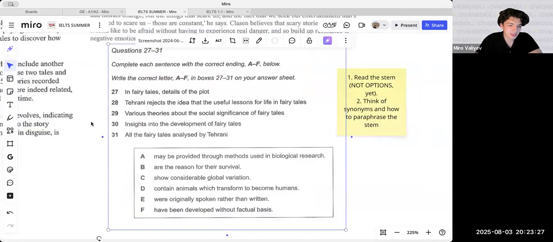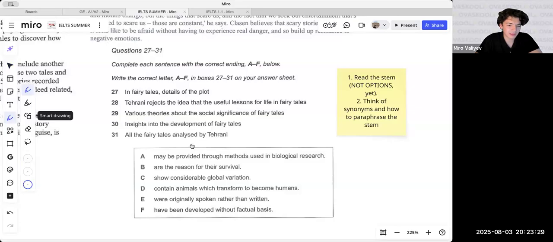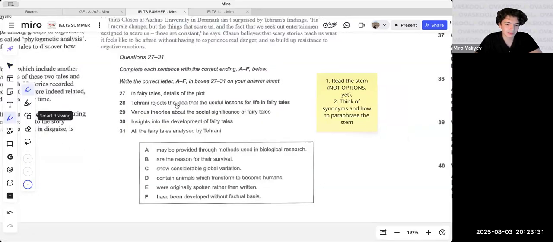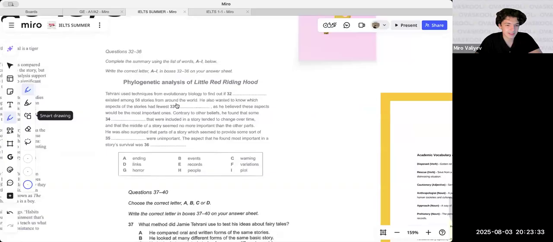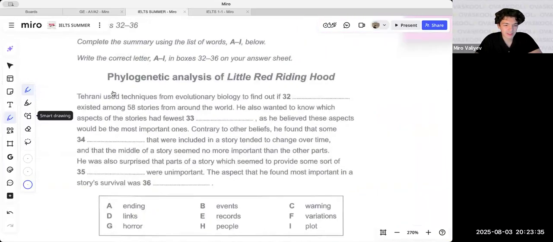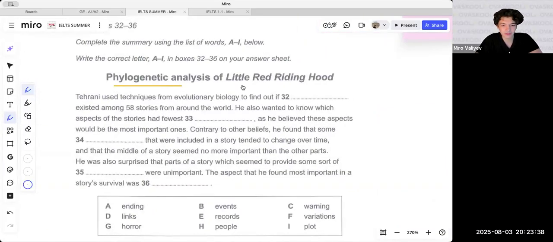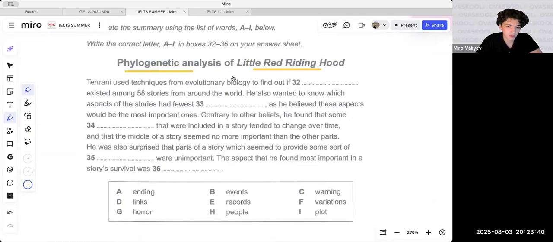Okay. Since it's complicated to locate, let's locate at least this one. We have this phylogenetic analysis of Little Red Riding Hood. Phylogenetic analysis is a very specific term. It's hard to paraphrase, so we can find that in the text.